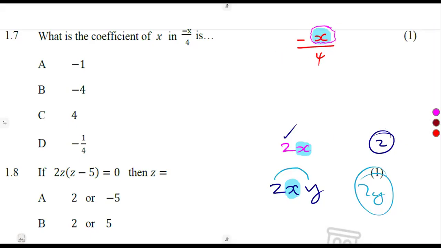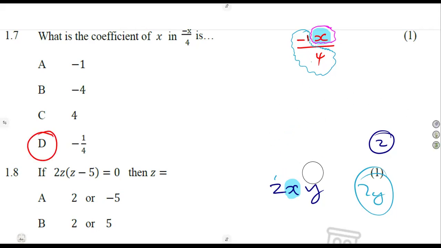That becomes the coefficient. So take note, there is minus what? Minus 1. If the number is not given, it's minus 1. So there's a minus 1 on x and also a 4, which is on the denominator. So minus 1 over 4, which is part of x, becomes the coefficient. So the best answer was going to be D.